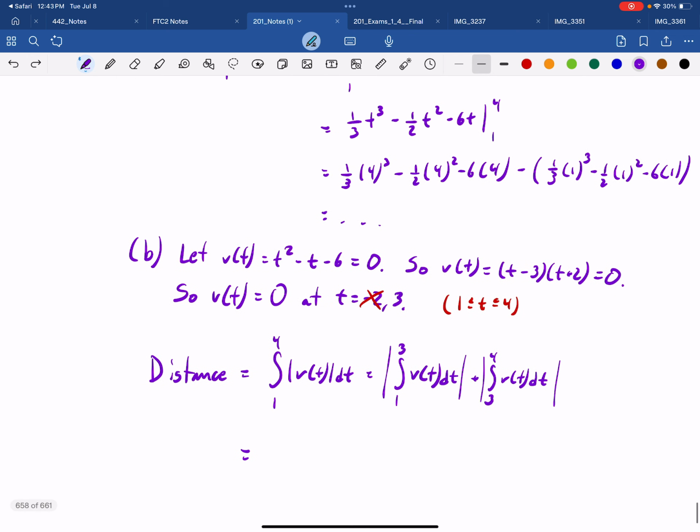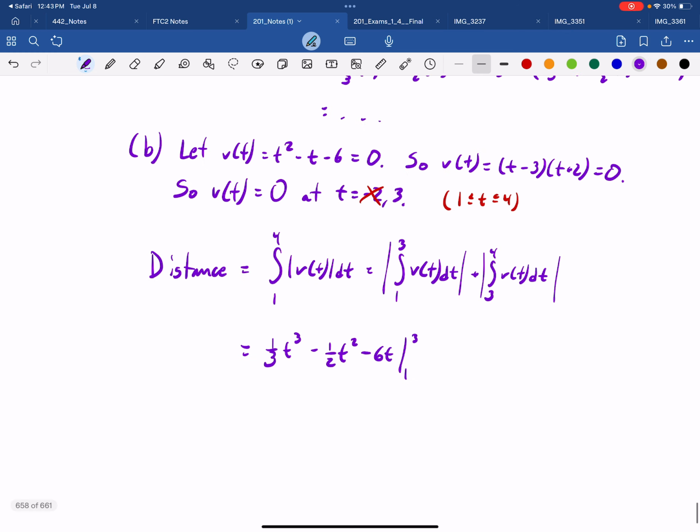So we'll get 1/3 t cubed minus 1/2 t squared minus 6t from 1 to 3, plus the same thing from 3 to 4.